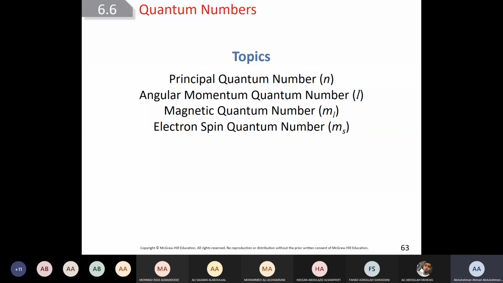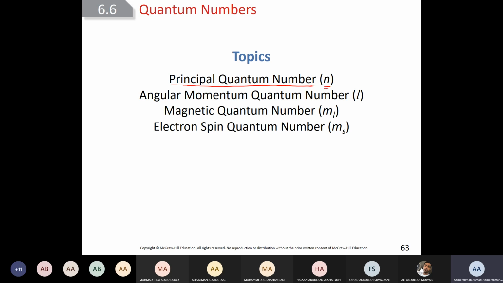Let's continue the discussion. Before I start, I told you yesterday you need to memorize the names of these four most important quantum numbers. The first is called the principal quantum number.